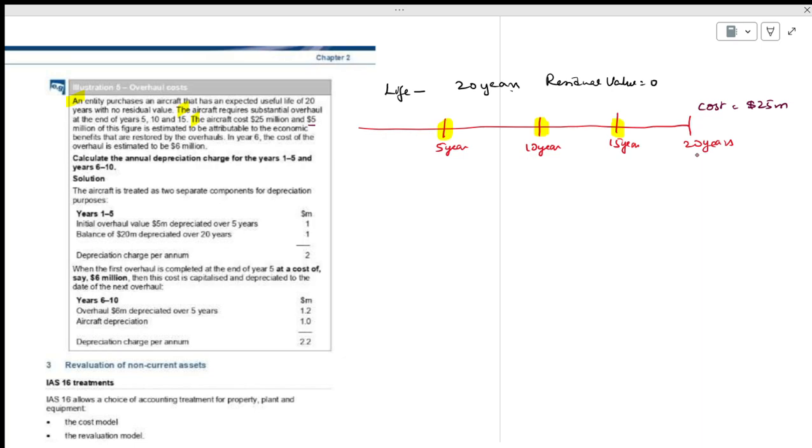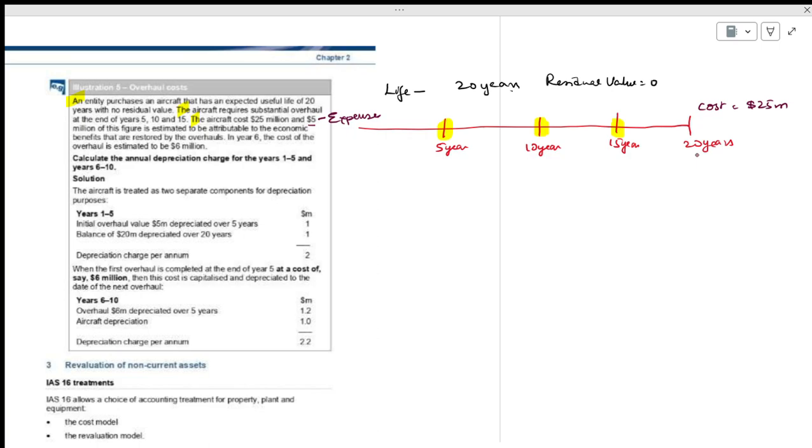Means 5 years. The 5 million is going to be the expense. Now expenses in terms of depreciation, expenses in terms of other expenses.